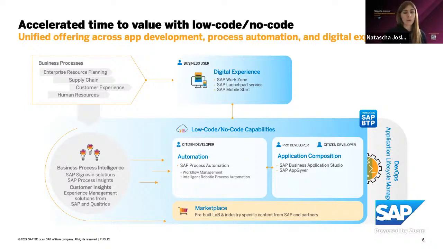And then also we have low-code, no-code capabilities you see here on the top in the area of automation and also in the area of application composition, so to really develop applications. Below that, we provide a unified marketplace in order to accelerate the building of processes and applications even more with pre-built content provided by SAP, but also by our partners.